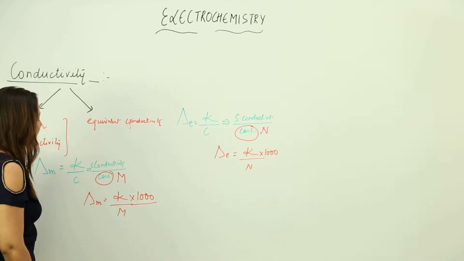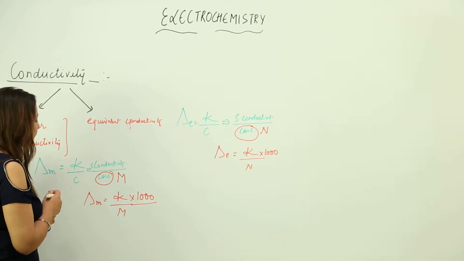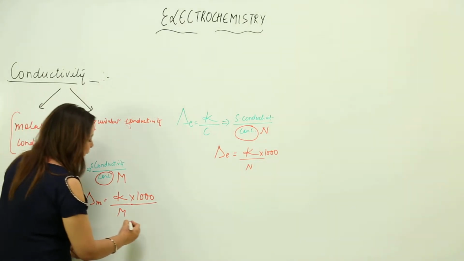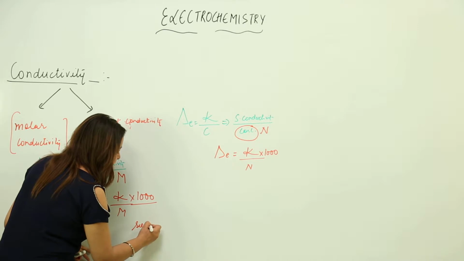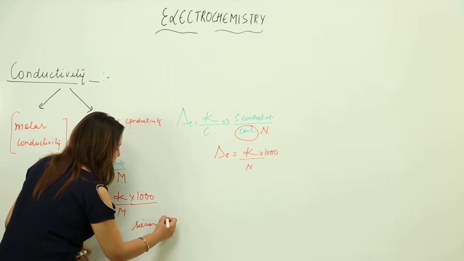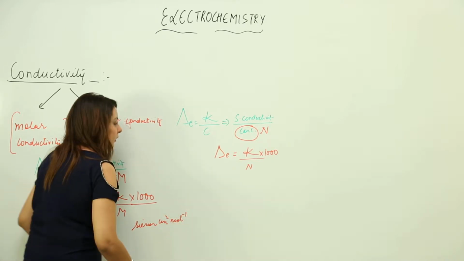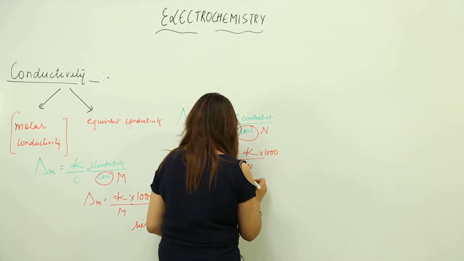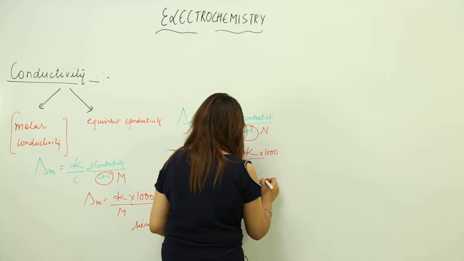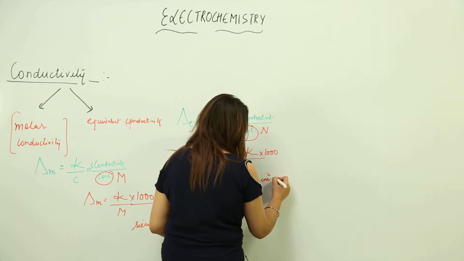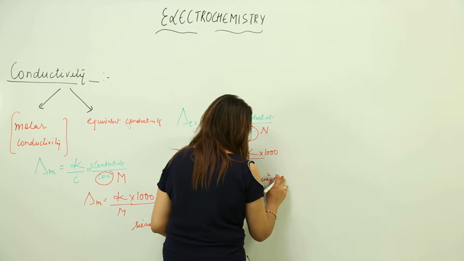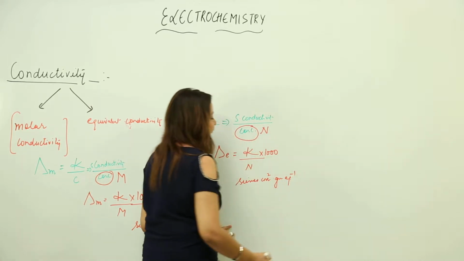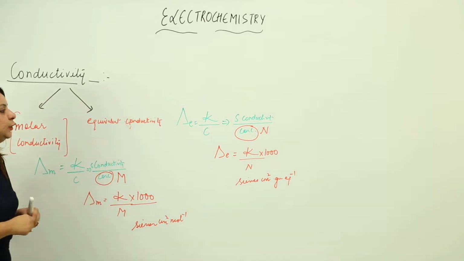And if we talk about the units here, the unit of lambda m is Siemens centimeter square per mole. Similarly here it is going to be Siemens centimeter square per gram equivalent. So this is going to be the unit.